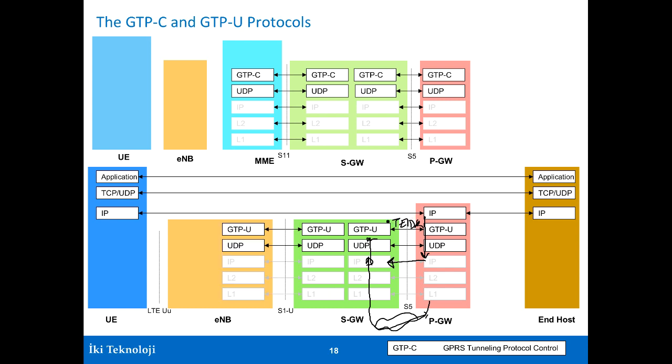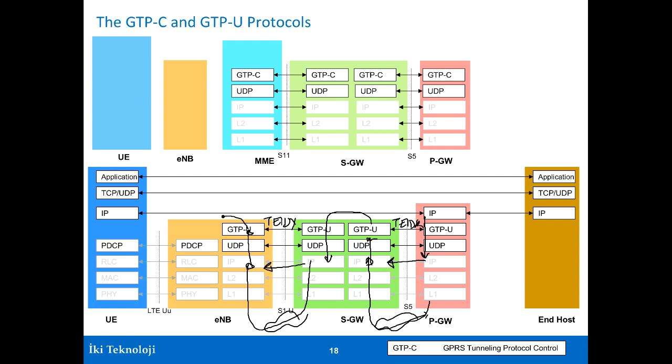So he takes this IP packet, puts it again into another IP packet, and this time with the destination address of the eNodeB. This packet goes all the way down here, comes back here, and then he looks at it. And when he looks at the GTP-U header over here, he says this is TEID X. Oh, TEID X is actually for Mehmet. So he takes this IP packet, and then he knows, oh, for Mehmet, I have been calling Mehmet my C-RNTI over here, which we had said was Ashok.